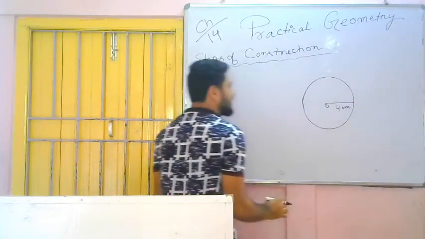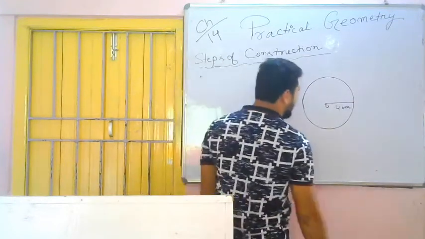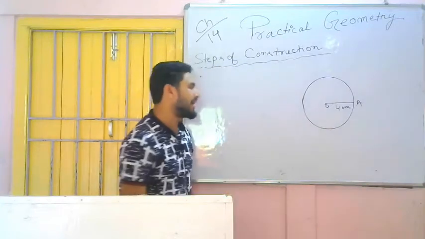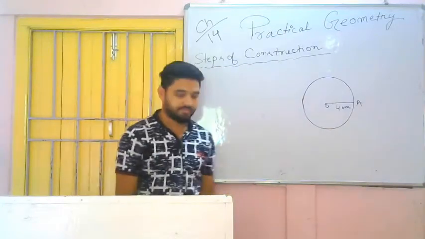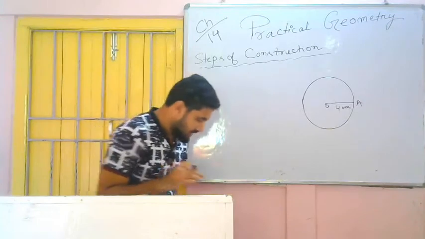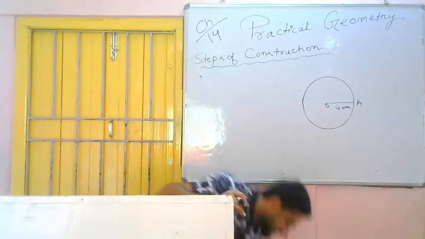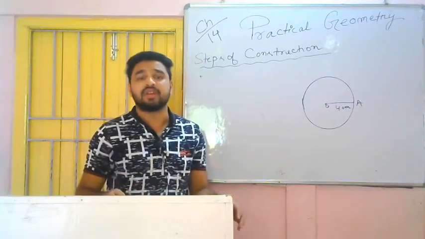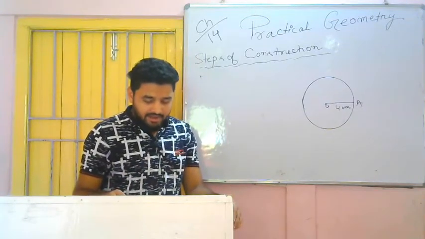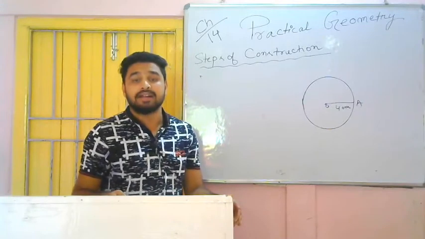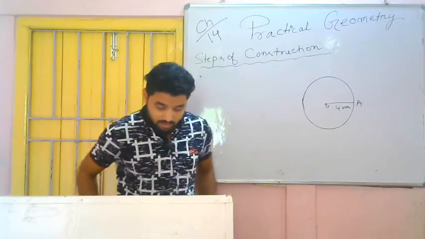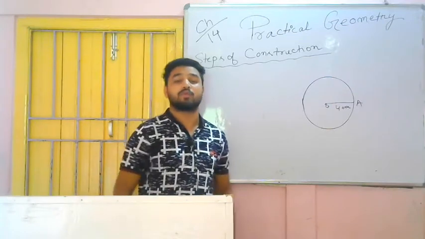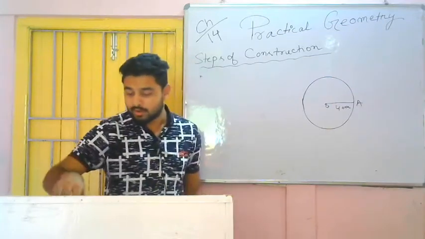That means the radius of the circle is 4 centimeter. You give a point A, that means radius OA equals 4 centimeter. Now the question is asked, draw any two of its diameters. That means we have to draw two diameters.